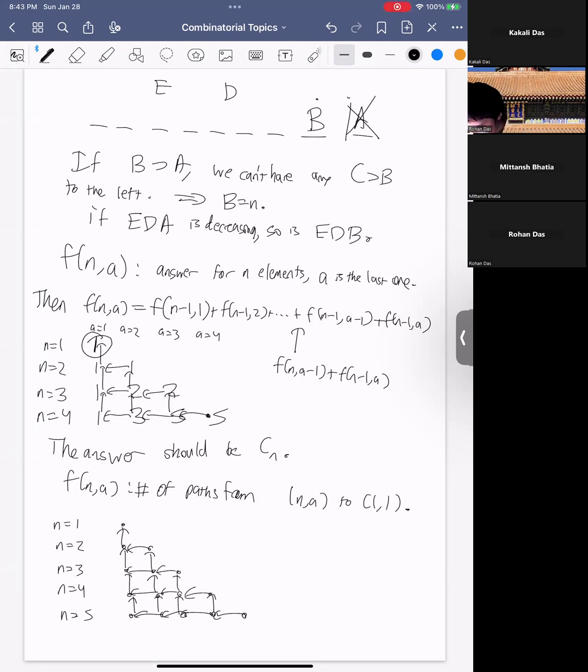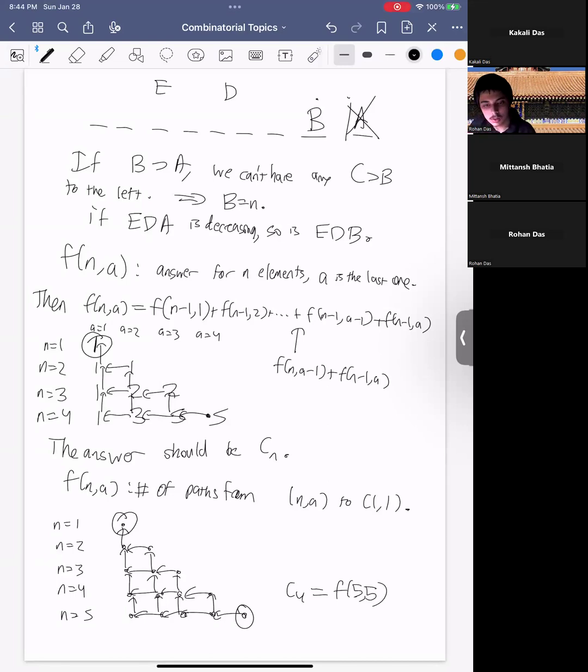And we want to think about this in terms of the number of paths from 5, 5 to 1, 1, because that is what we know is the nth Catalan number, the 4th Catalan number. But this tells us that C4 is equal to f of 5, 5.